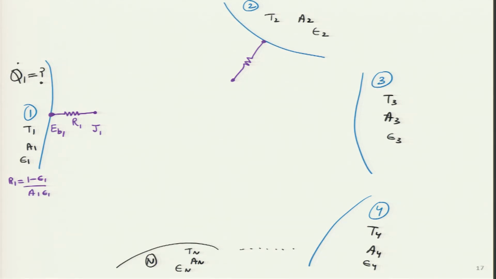And the exact same thing will happen at each of the surfaces. The third surface will have the node EB3, surface resistance R3, then radiosity J3. Over here it will be EB4, surface resistance R4, radiosity J4.